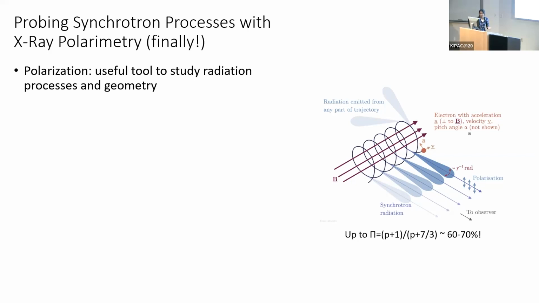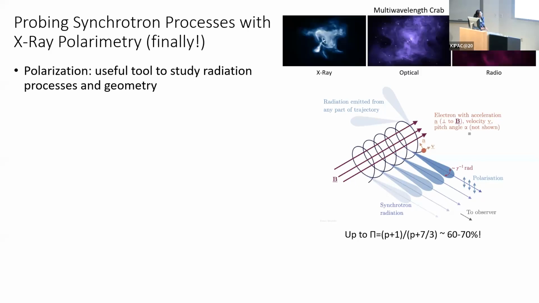This comes about because you have charged particles that are accelerated in the magnetic field, and they radiate in a very ordered direction because the magnetic field lines themselves are very ordered. For the photon indices of these objects, we can expect linear polarization up to 60 to 70%.